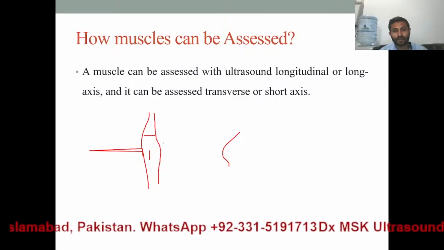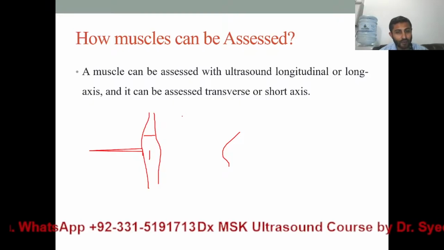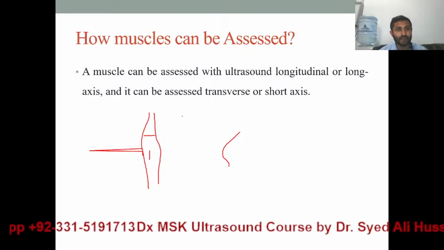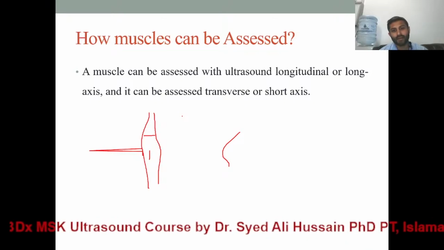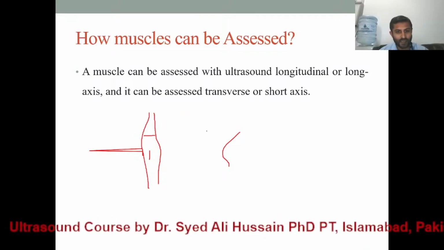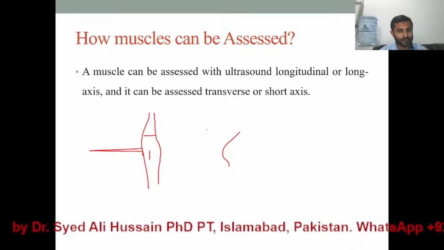If we take any structure and we scan along its long axis, it is called long axis scanning. And if we scan it through the shortest possible axis, it is going to be called short axis.